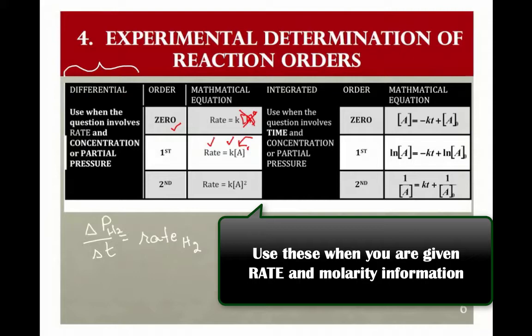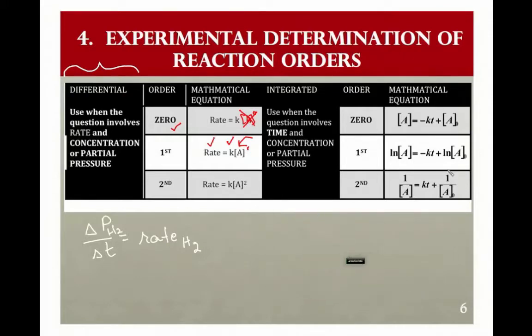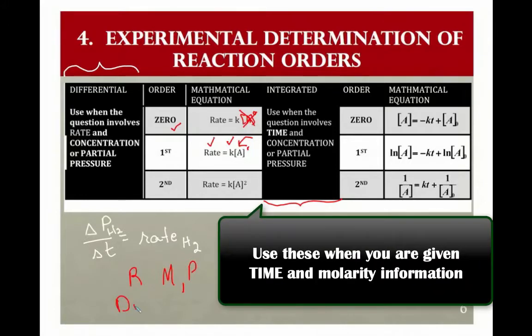Now, a common thing that is confused, and I've done it myself, I've looked at data and I've grabbed the wrong formulas. I'll see a concentration and a time and I'll try to convert it to a rate. Don't give in to that temptation. Circle what you have. If you're given a rate and either molarity or a partial pressure, and you write those symbols above the values you're given, then you know you're dealing with one of the differential rate law equations.